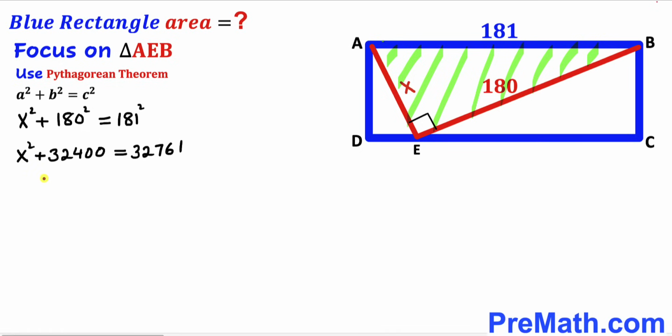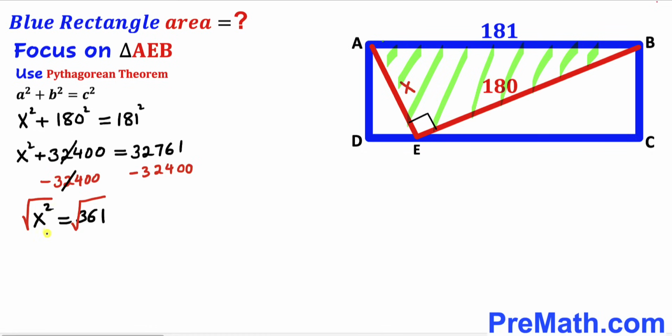Now I'm going to subtract 32,400 from both sides to isolate x squared. And here we can see they are gone. So x squared turns out to be 361. Now I'm going to undo this square by taking the square root on both sides.